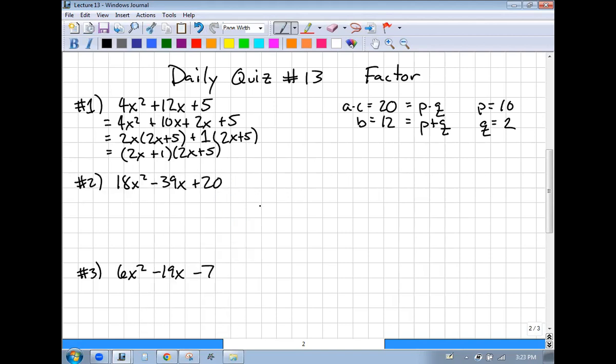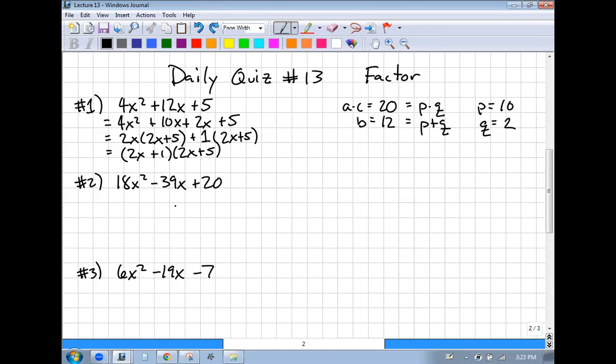For the next one, if we look for a GCF, the first thing I notice is that 39 is divisible by 3, but 20 is not. Some of these are even, some are odd, so you can't pull a 2 out. Can't pull a 5 out. 39 is divisible by 13, but there's nothing we can pull out. They are co-prime, or relatively prime.